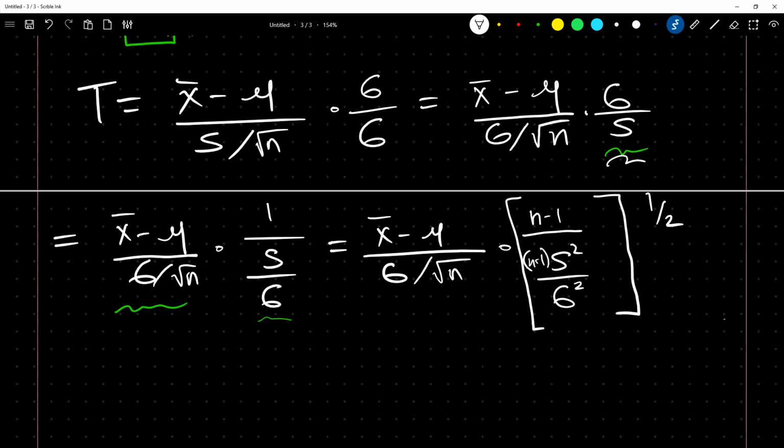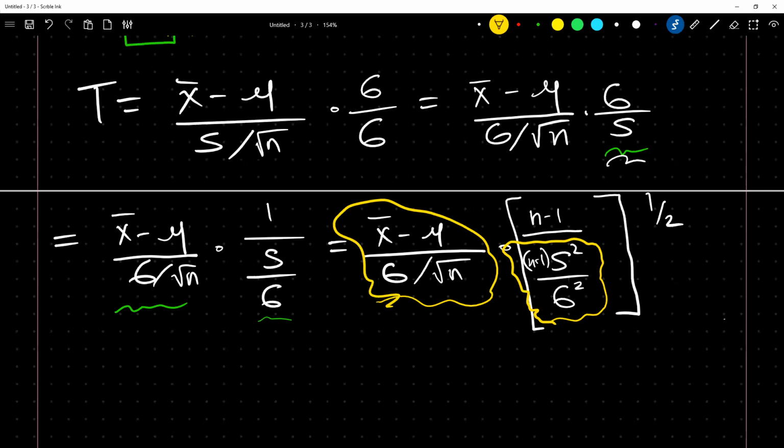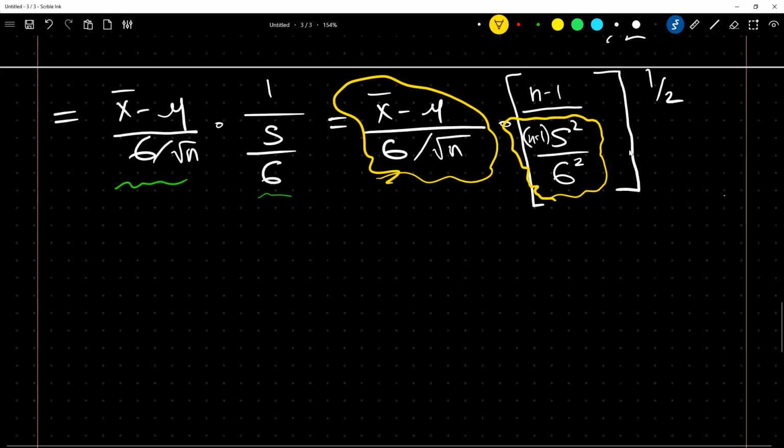Now, the reason I've done that is because of what we talked about before: one of the properties of random samples drawn from normal populations is that this term here follows a chi-square distribution. And so now I've got these two random variables that will follow distributions that are known.